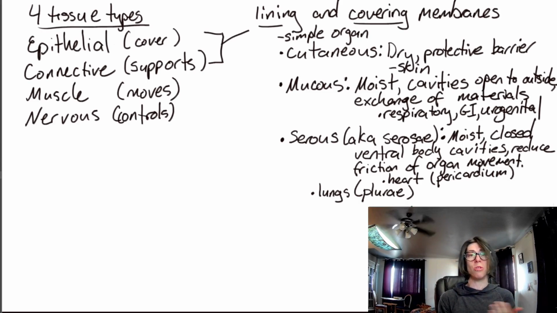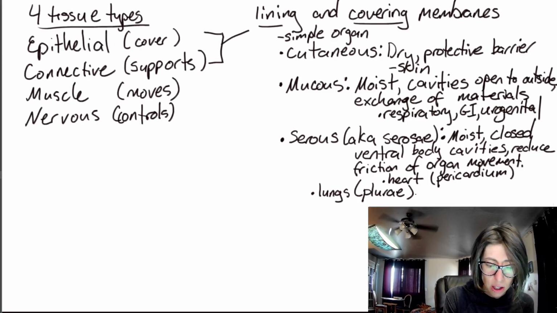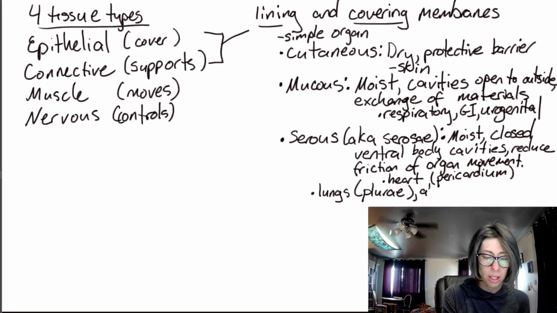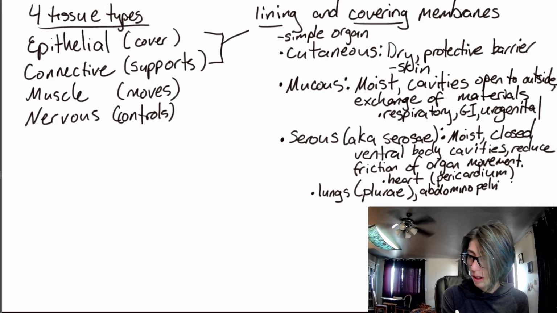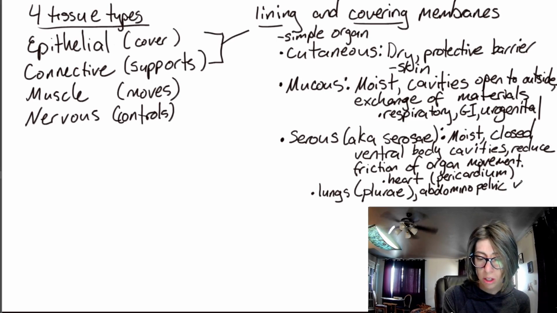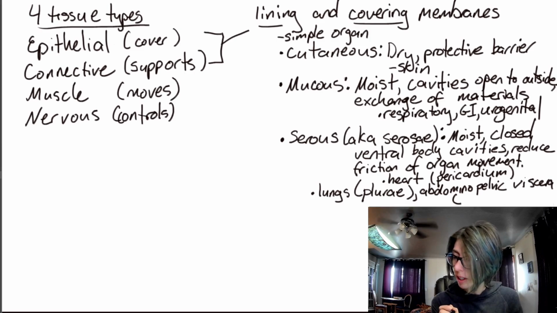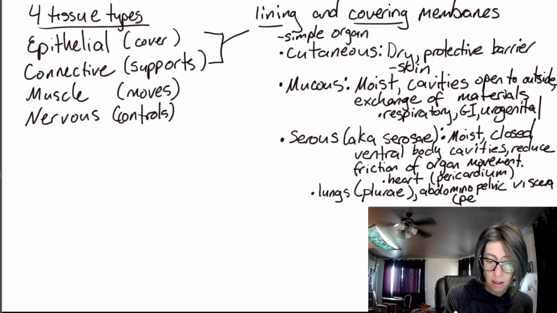And again, that's because there's no friction because of the serosa that they're covered with. So say abdominopelvic viscera, that just means those organs down there. And that one is called the peritoneum.